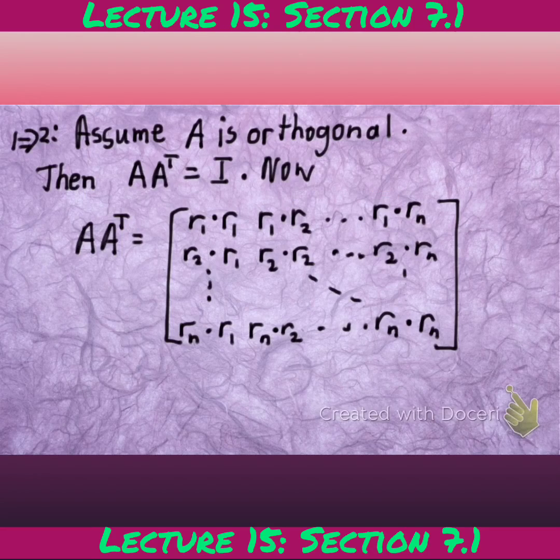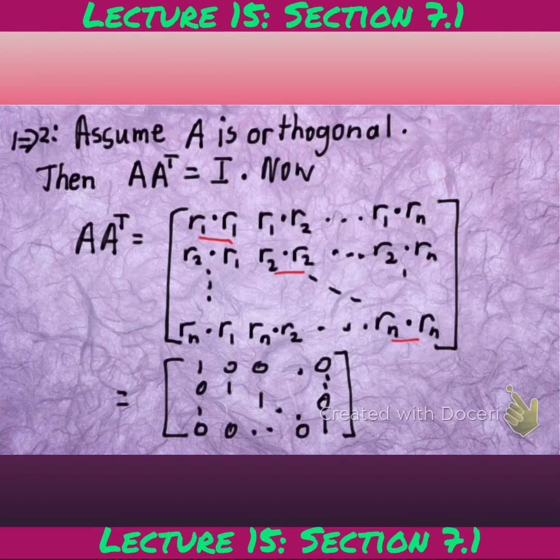Now, this is going to be the n by n identity matrix. What's that going to mean? It's going to mean that all the entries on the diagonal are going to be 1, and all the other entries are going to be 0.